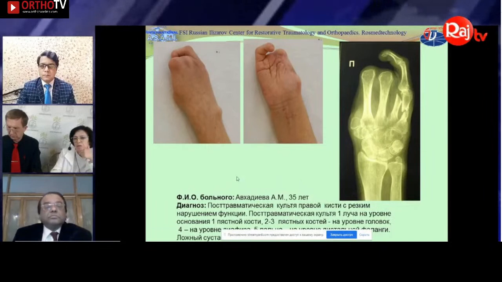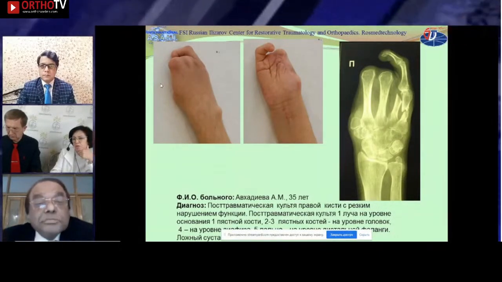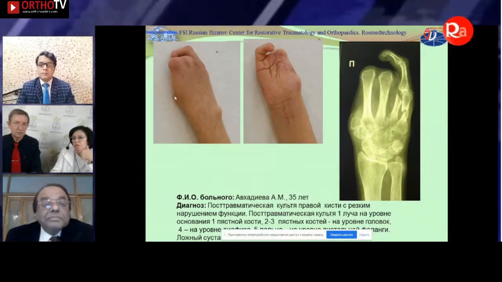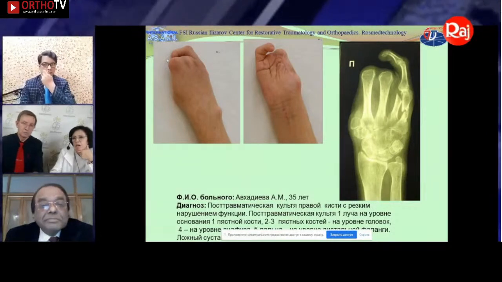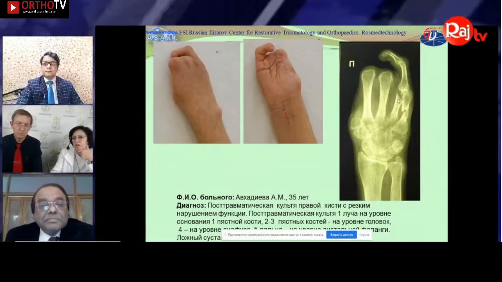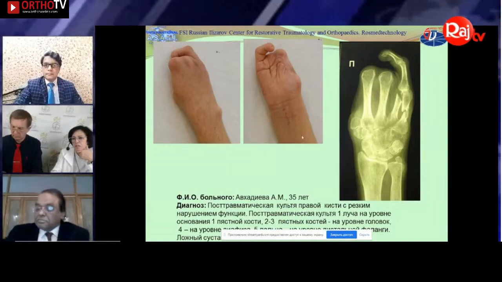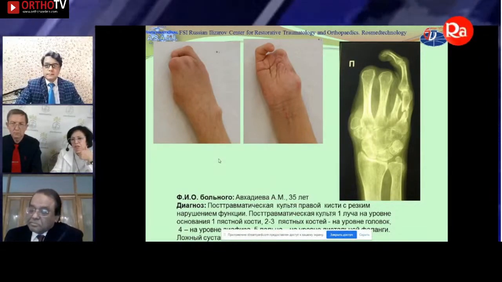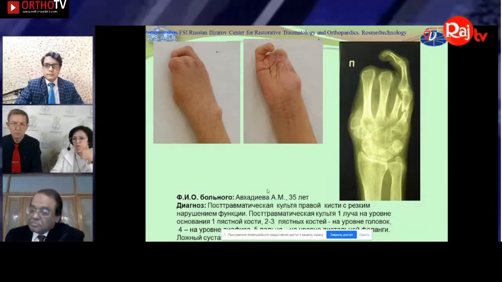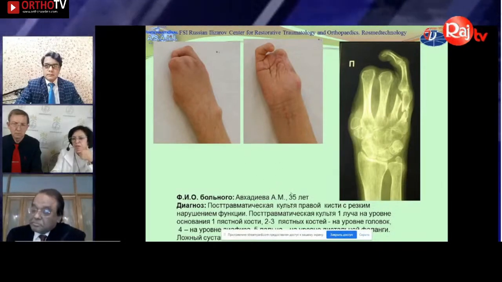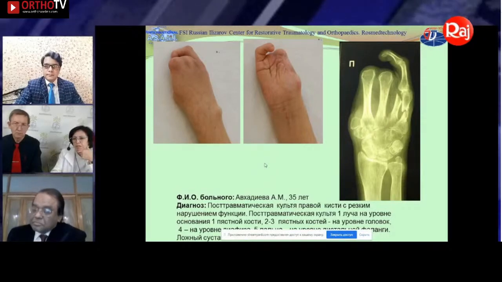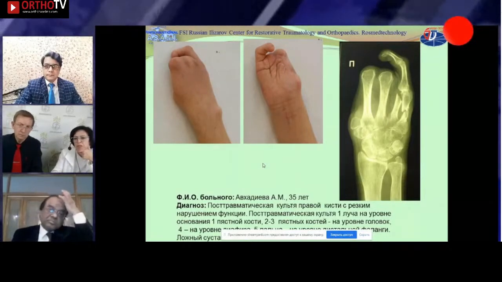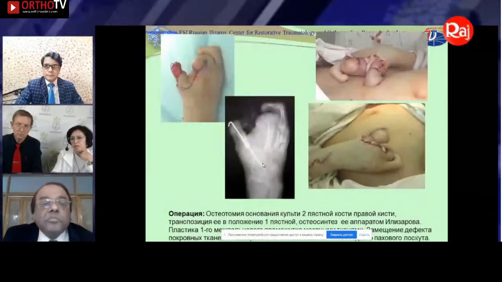And a big problem: absent first ray, absent fourth and fifth fingers, fourth finger not functional in right hand, a very young woman, and a very big problem with the hand.